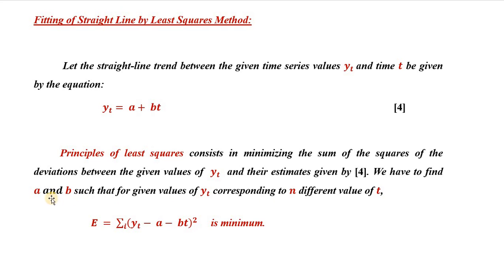So we have to find a and b such that, for given values of yt corresponding to n different values of t, this E, the error estimate, summation over i of (yt minus a minus bt) whole square, is minimum.